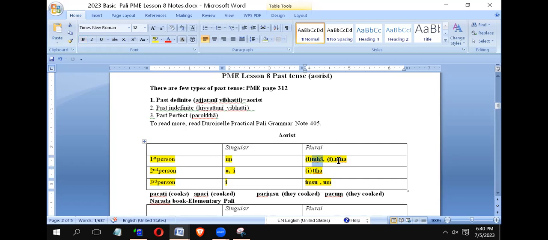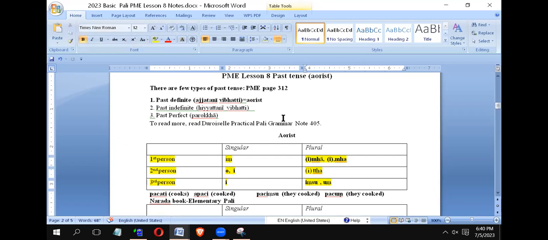If you want to pronounce imha, you can also, or imma. When you put the ma, you add the h sound. In Burmese they pronounce the m like this, imma. Or the Sri Lankan way, imha, with the m and ha sound.